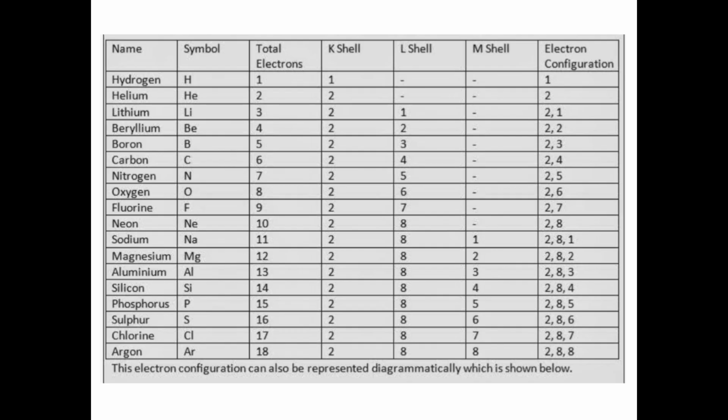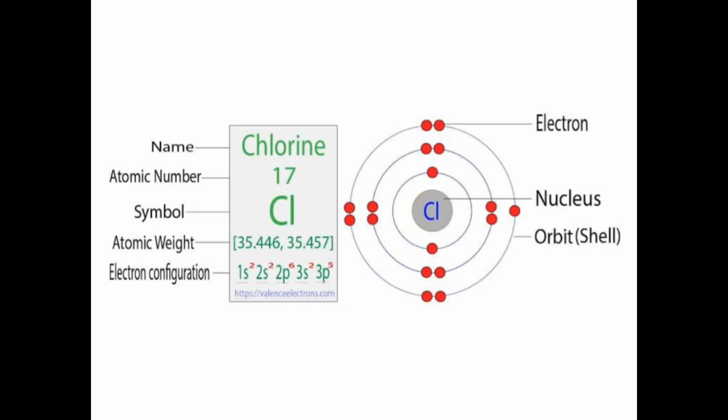Okay, as an addition to this, if you are writing the shell notation, this is how you write it. The configuration will be 2, 8, 8 and so on. This is up to argon. You can do others yourself. If you are doing the diagram, chlorine is, for instance, 2, 8, 7, and that means it is 1s2, 2s2, 2p6, 3s2, and 3p5.